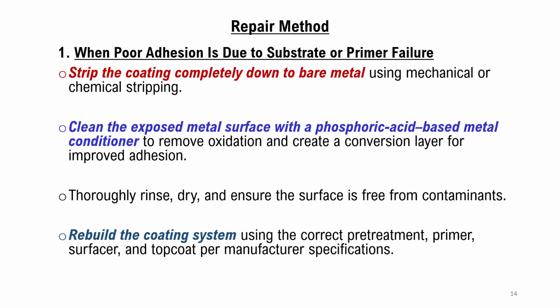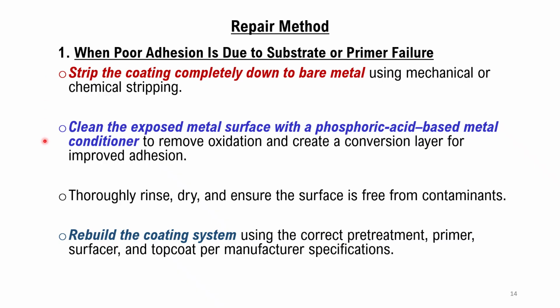Now coming to the repair method. In the first case, when poor adhesion is due to substrate or primer failure, first strip the coating completely down to bare metal using mechanical or chemical stripping.